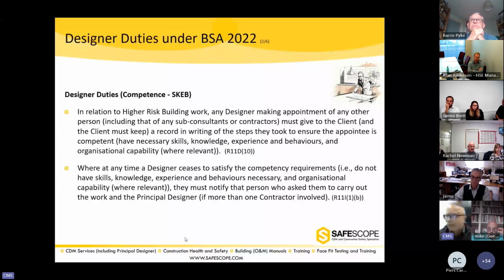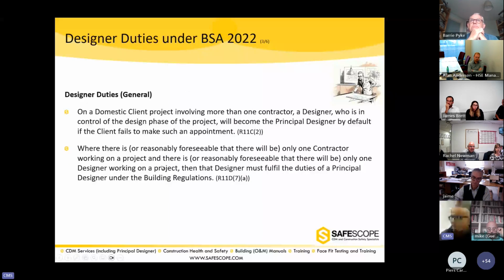There are general requirements on the designers on a domestic client project involving more than one contractor. A designer who is in control of the design phase, which we call the main designer, will become principal designer by default. If it's only one designer involved, then the sole designer will become principal designer.